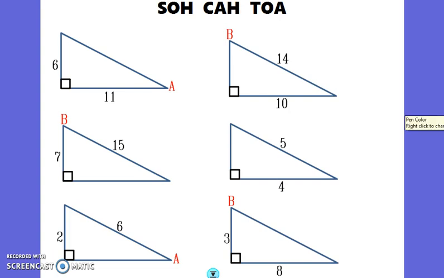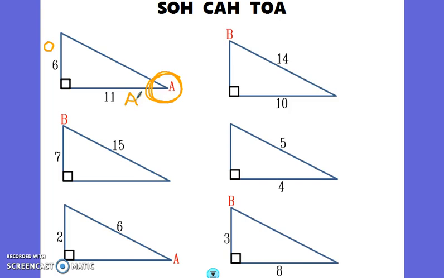Let's try some problems. So you need to know which angle we're focusing on, and in this example we've labeled the angles. So I've got angle A here. Which sides are labeled? I've got not the hypotenuse, but the opposite side and the adjacent side have numbers.